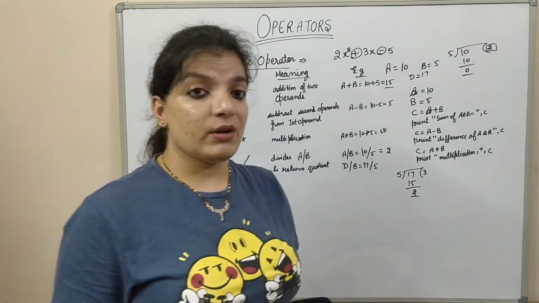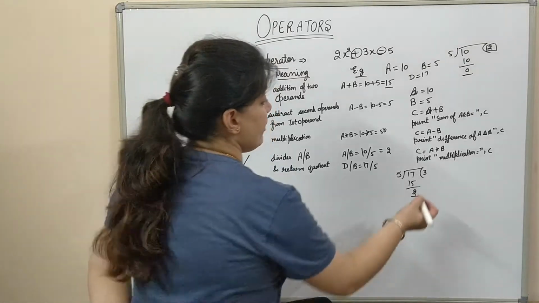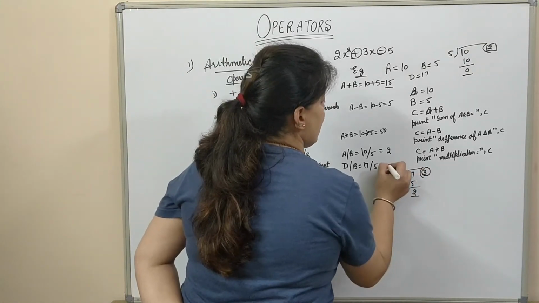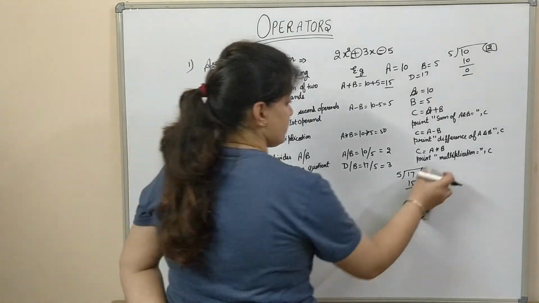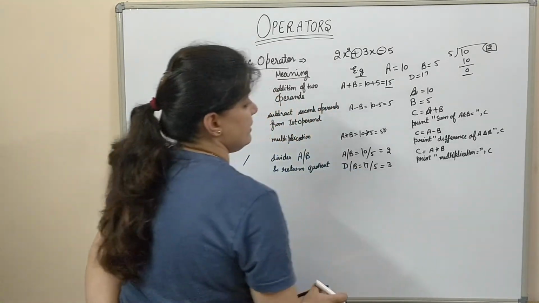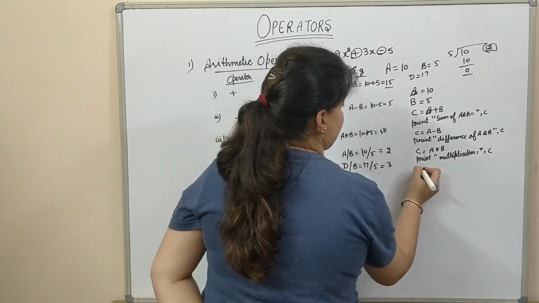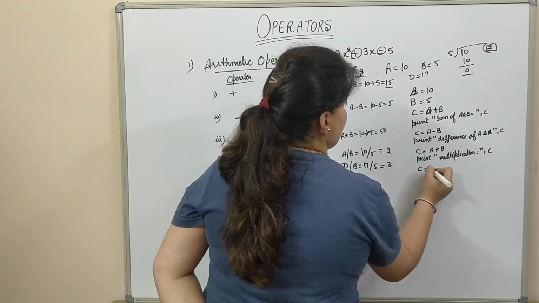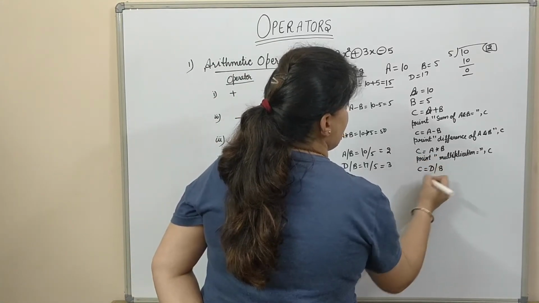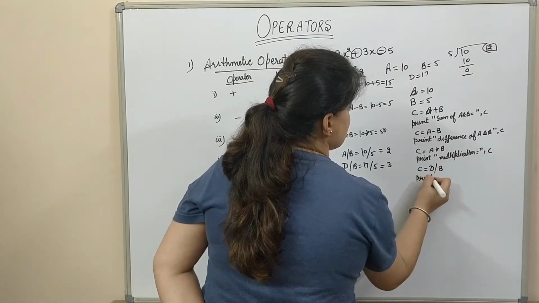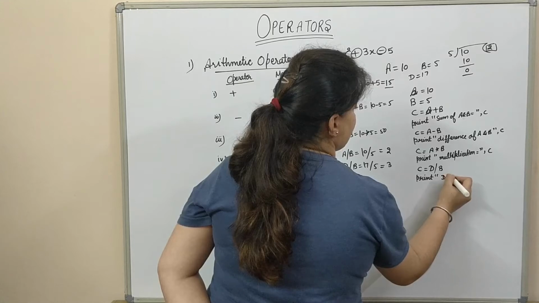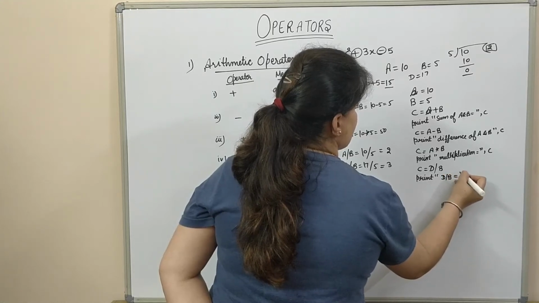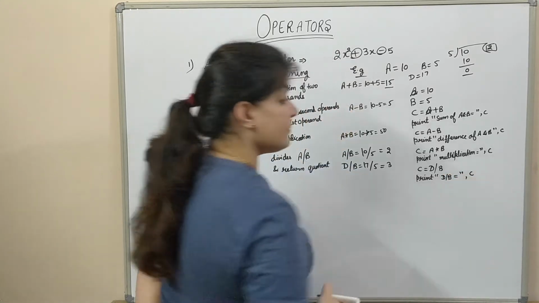So the output of this operator will be only your quotient value. So the answer is 3. Now, how will we write this in Python programming? C is D divided by B, and print D divided by B is equal to C.